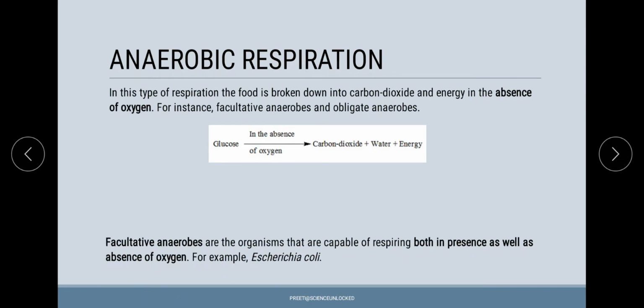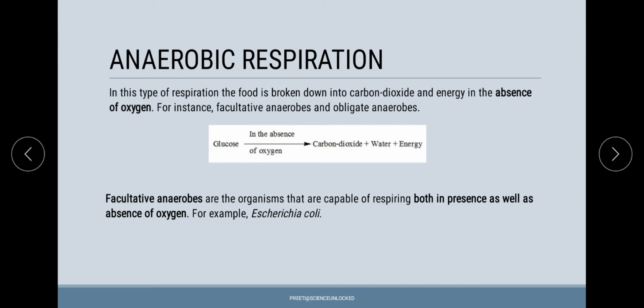Here we have two categories of anaerobes, the organisms which perform anaerobic respiration. These are the facultative anaerobes, which can work in both conditions, presence of oxygen as well as absence of oxygen.